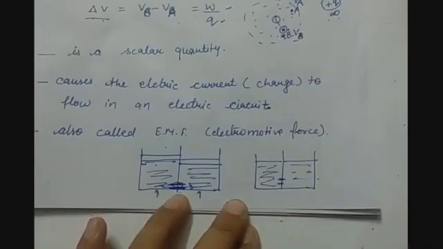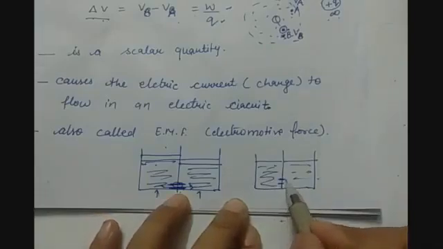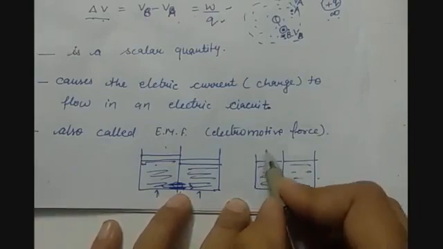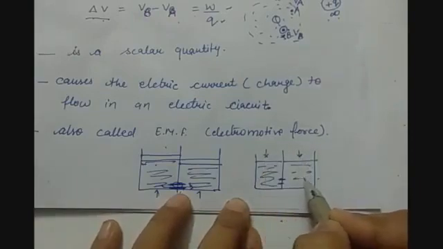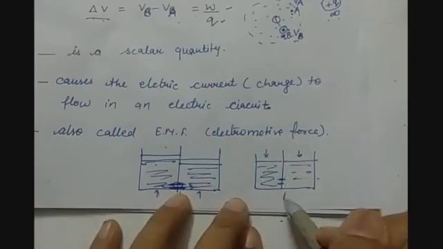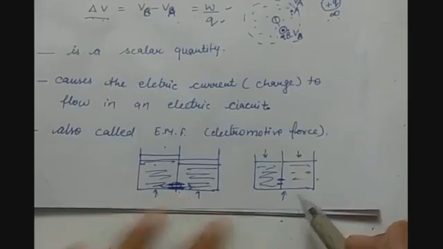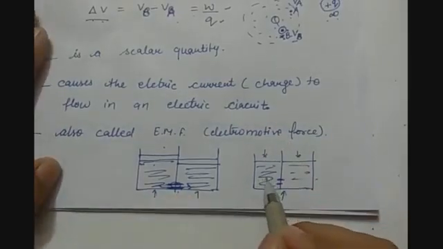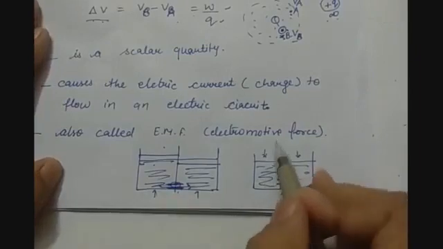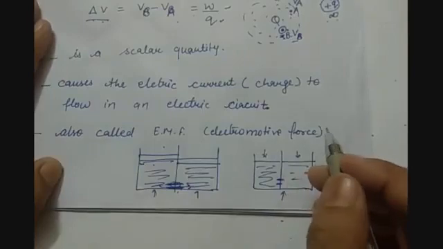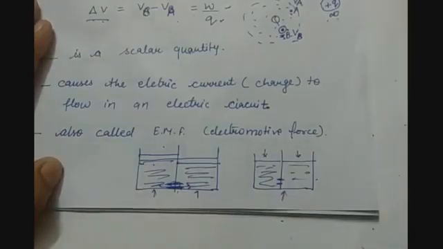Even if there is a wall and we open it, will there be any difference? No. If the pressure level is the same on both sides, water will not move from either side because the pressure is the same. To make the water flow from one side to another, there should be some difference in the pressure level. And when we talk about electric circuits, that difference is in the electric potentials.